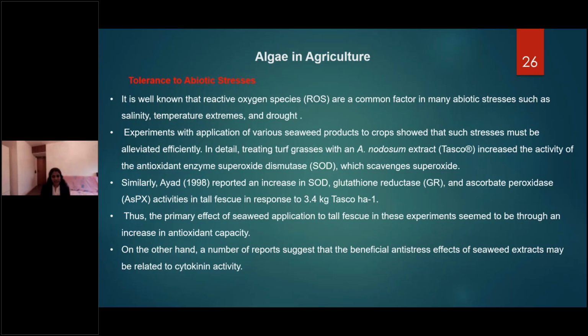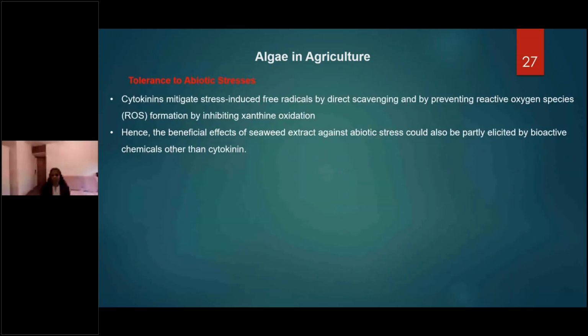Totally, the report said that the beneficial anti-stress effects of seaweed extracts may be related to cytokinin activities. These cytokinins mitigate stress by inducing free radicals through direct scavenging and by preventing reactive oxygen species formation by inhibiting xanthine oxidation. Hence, the beneficial effects of seaweed extract against abiotic stress could also be partially elicited by bioactive chemicals other than cytokinin.